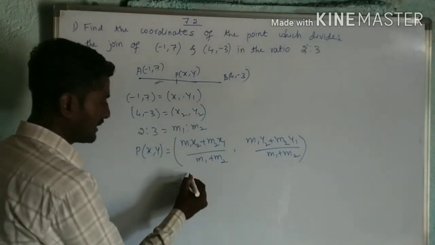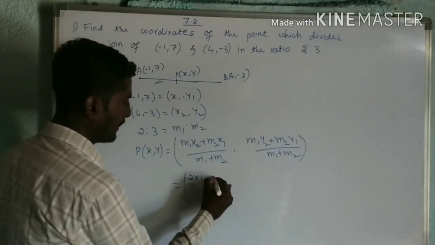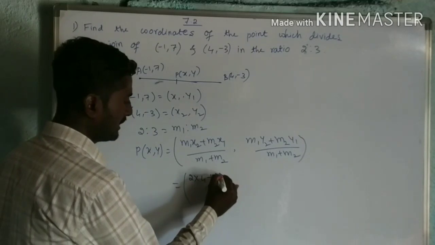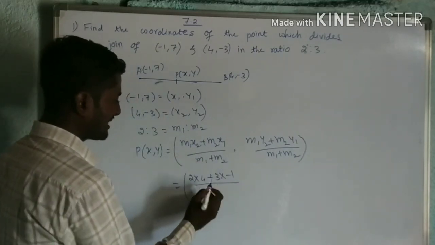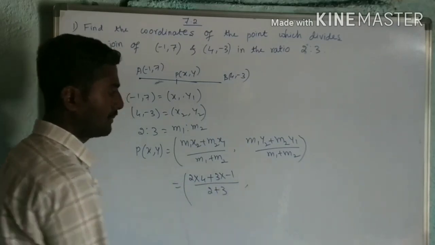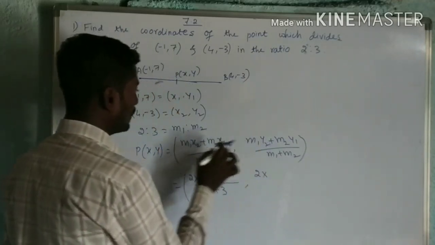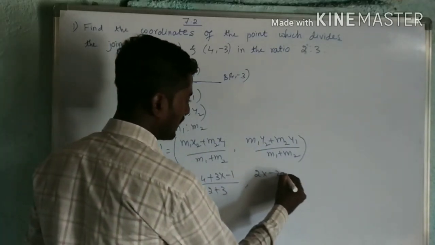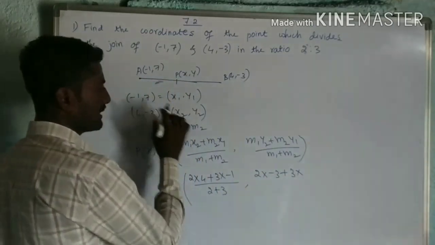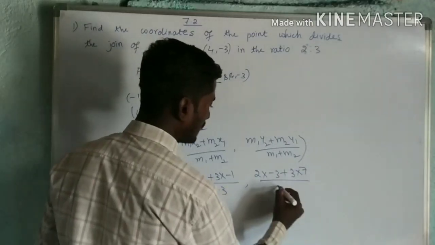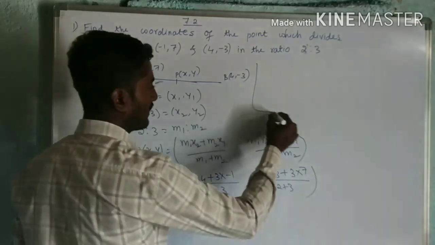Now 2 into x2, so x2 here is 4, plus 3 into x1, here -1, divided by 2 plus 3, comma. Next 2 into y2, here -3, plus 3 into y1, here 7, divided by 2 plus 3. Now this is P of x, y.